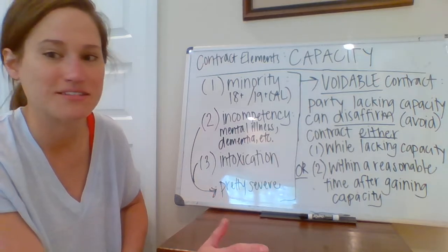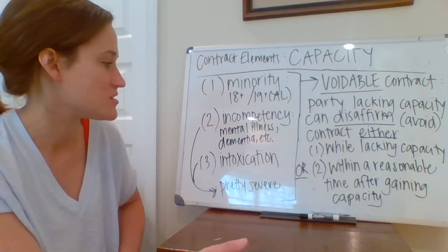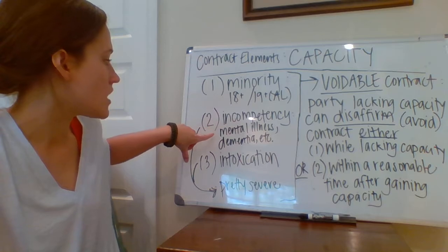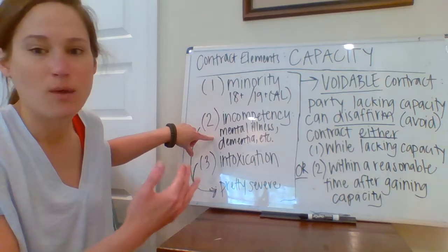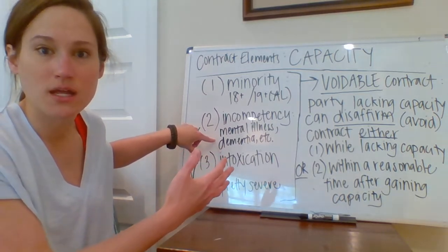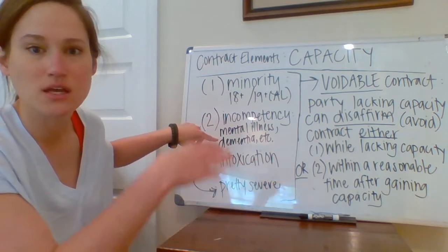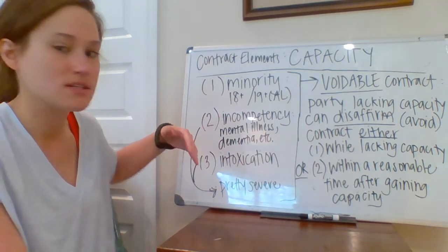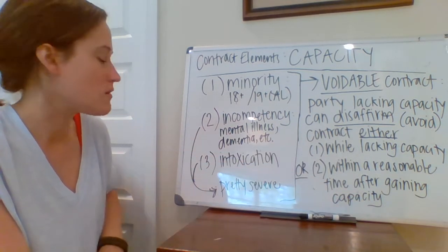Just try really hard not to enter into a contract with anyone with a capacity problem, because it can certainly turn into a headache. In the examples of incompetency, like we just said, with Alzheimer's, if you have a situation where the symptoms go away a little bit, and a person suffering from the disease has a clear day or a few days, they have a reasonable time upon entering that state of clarity to make a decision.